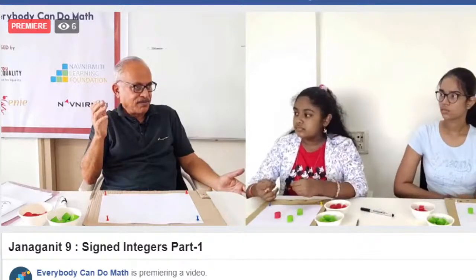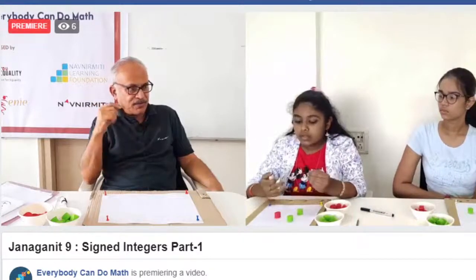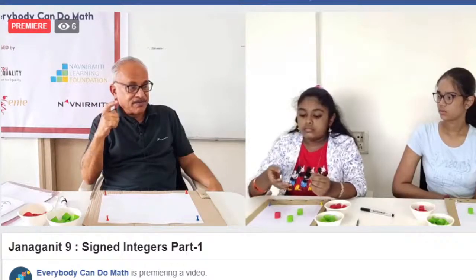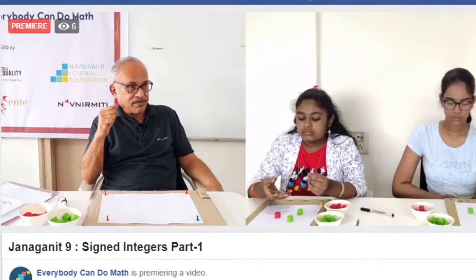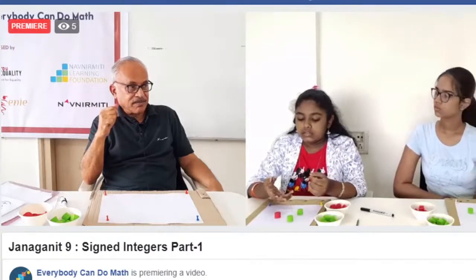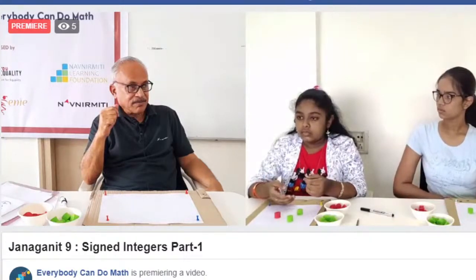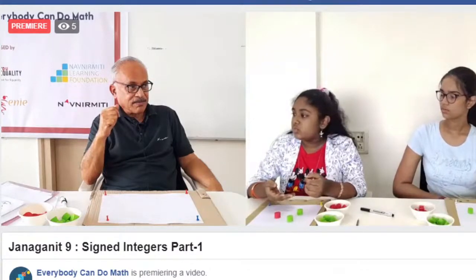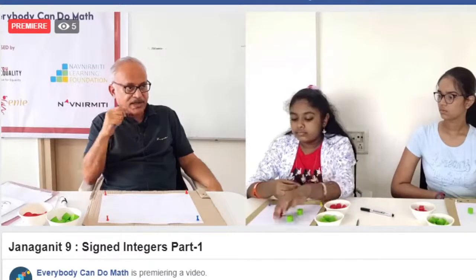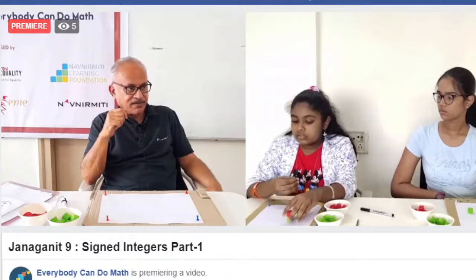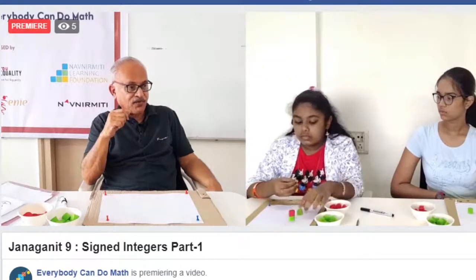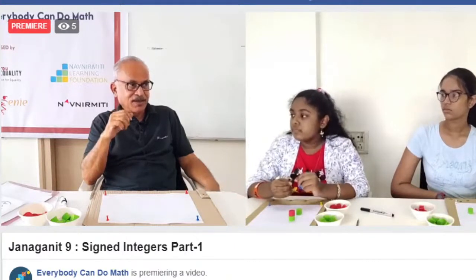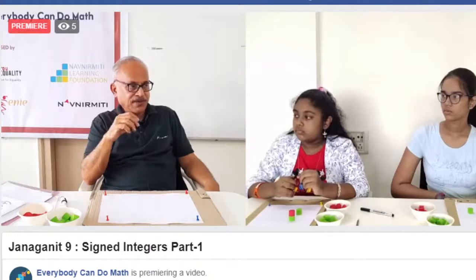Now who has more? You still have more. What is your value? 2 positive and 1 negative. Combine 1 negative and 1 positive. How much is that? 0. So what is the value of your account? 1 positive.